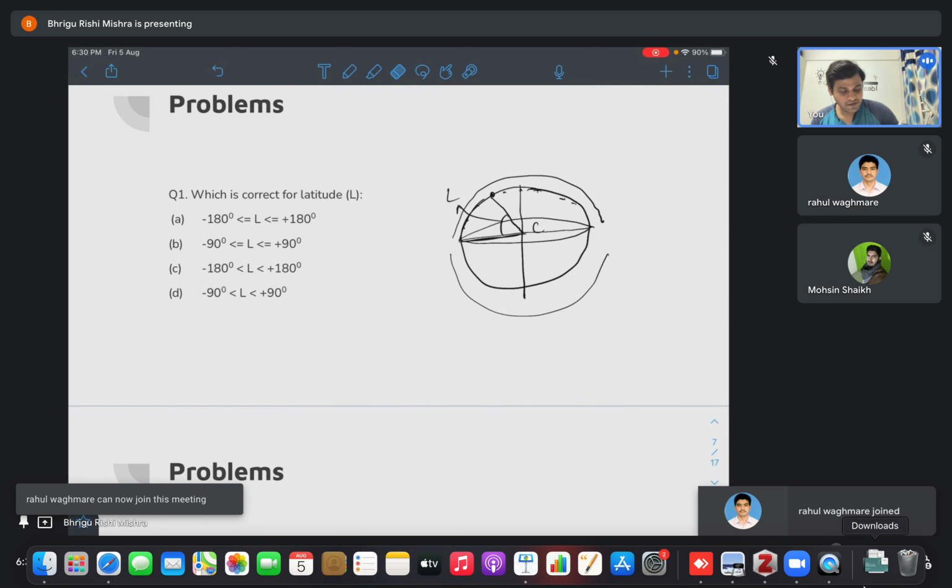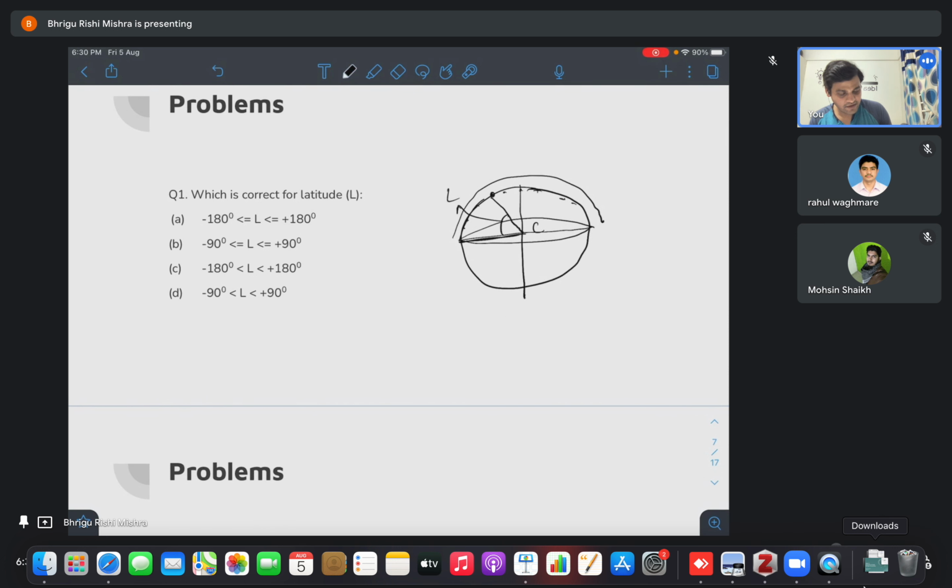So what should the latitude be? Clearly it is 0 at the equator, and here it is around 180 degrees, but what about this place and this place? This is 90, 0, 180. From 0 to 180 it goes in one hemisphere, and minus 180 to 0 in the other.